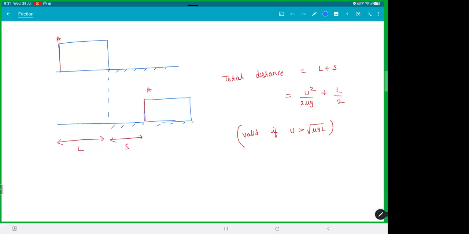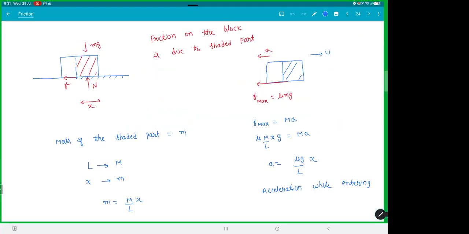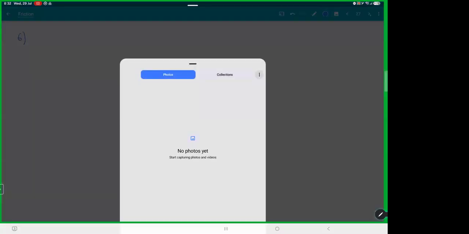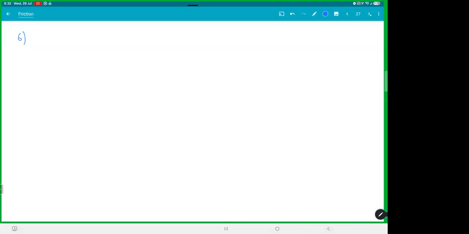Let's go ahead with a few more problems. Let's say we have an incline, 45 degrees, 45 degrees.